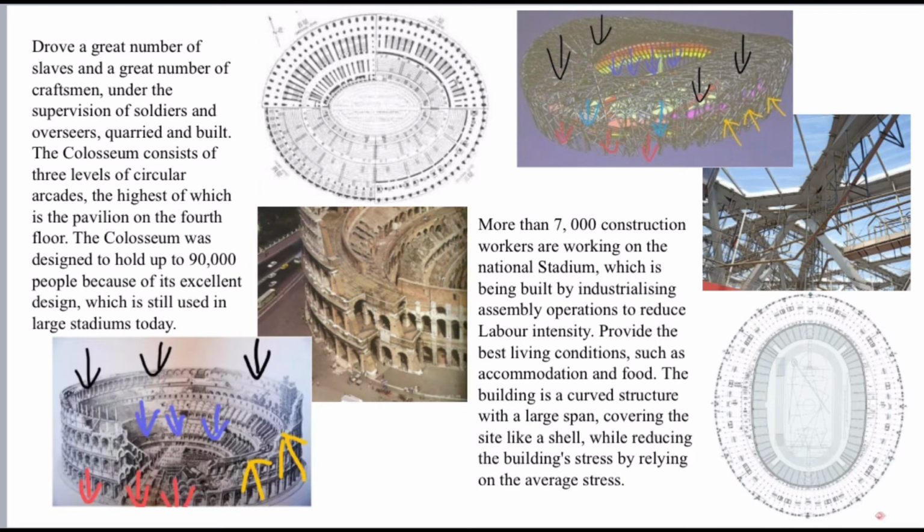Because there are a lot of arches, it will not be too crowded, even if tens of thousands of people are inside the Colosseum. The National Stadium does not only rely on sunlight, but also uses LEDs as the main lighting.